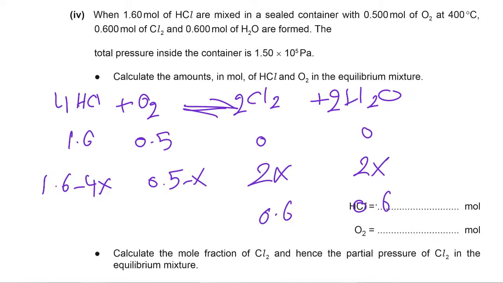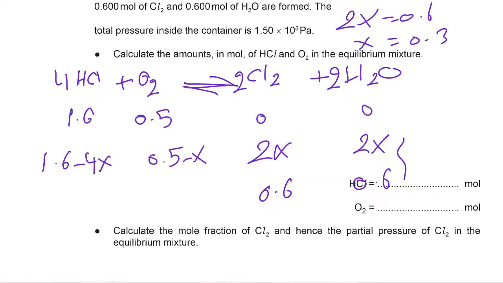Okay, so what's the number of mole of HCl and oxygen left? From this, 2x equals 0.6, so x equals 0.3. So what's the remainder? 0.5 minus 0.3, that means here you have 0.2.